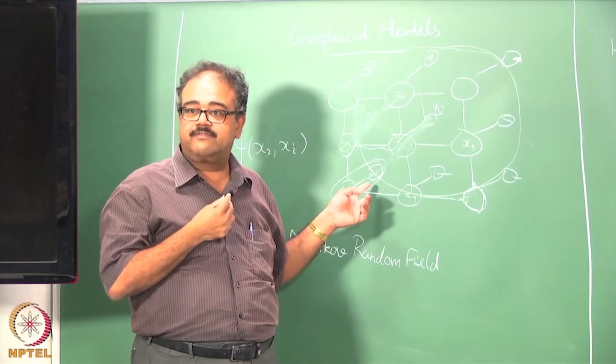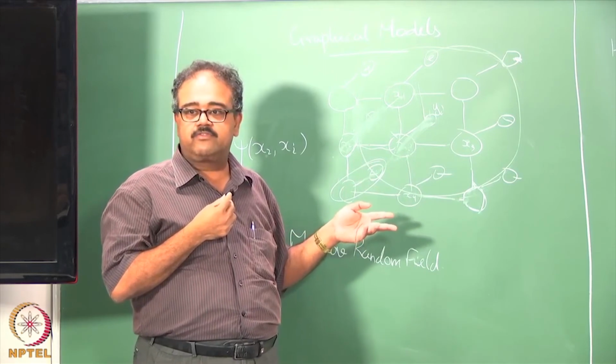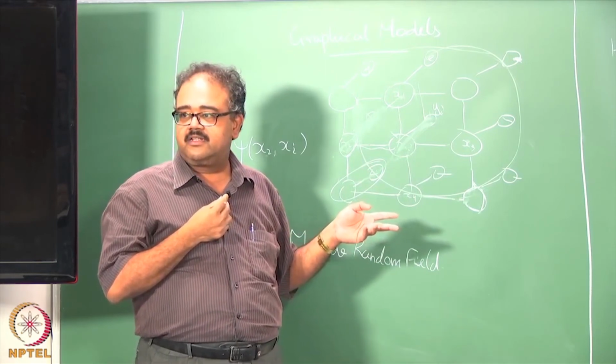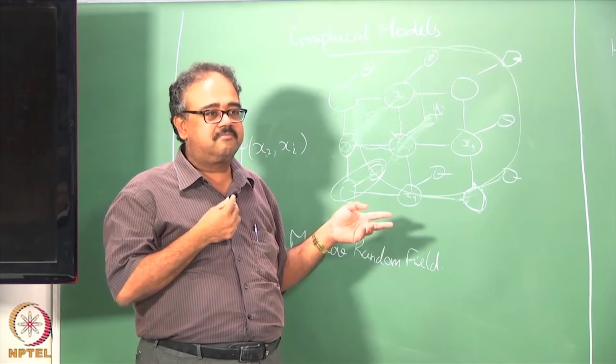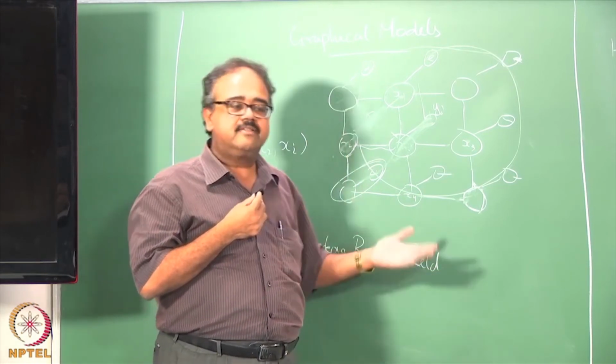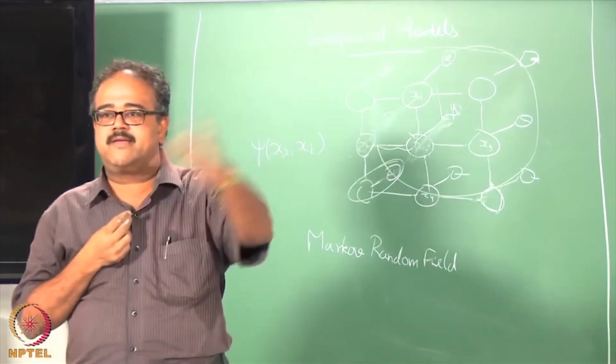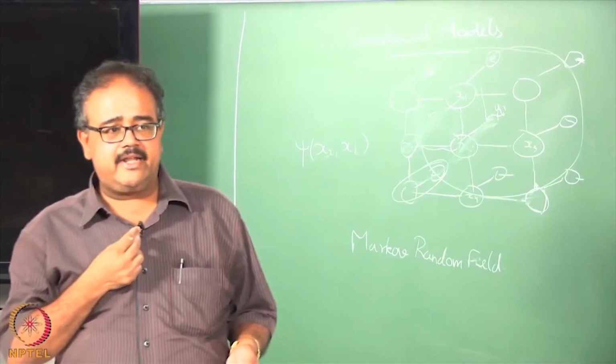I have to learn a classifier that gives me the probability of Xi given Yi for every one of those positions. That's a very large, very hard problem. So what we typically assume is that psi of Xi Yi is independent of i. So I am going to estimate the same model across the entire image.